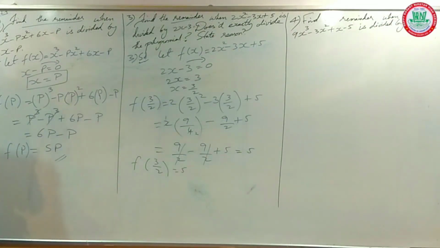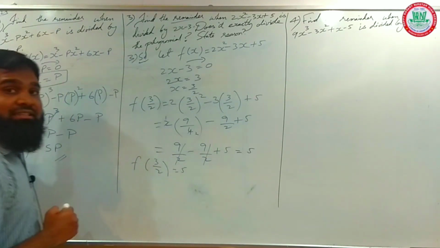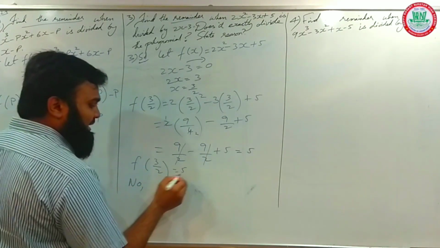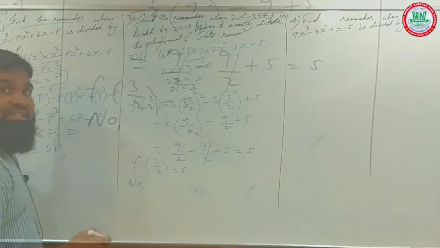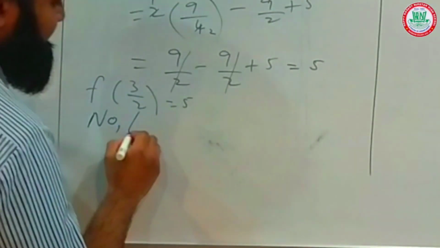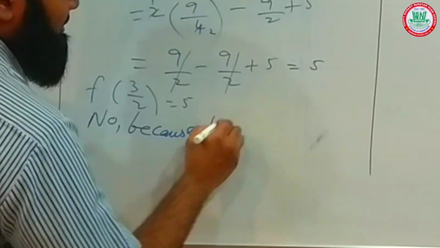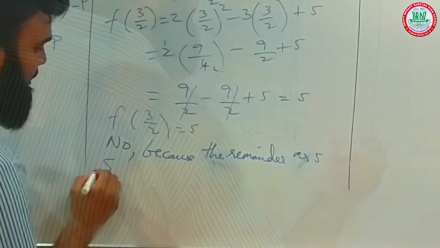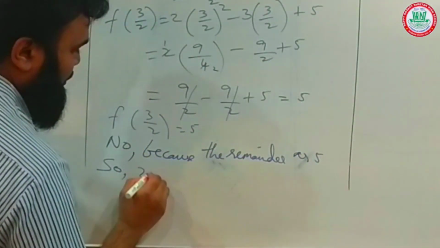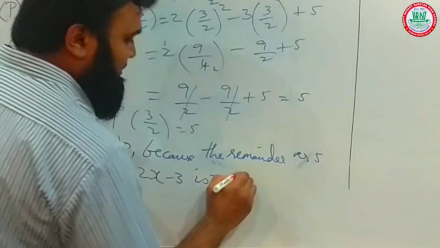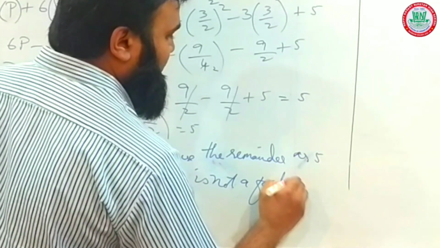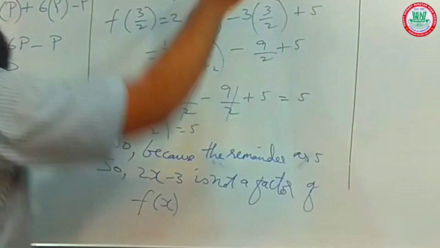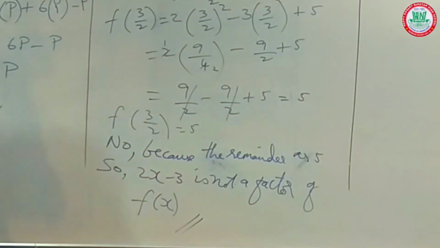Does it exactly divide the polynomial? No, it is not dividing because we are getting the answer as 5. State the reason: the remainder we are getting is 5, so 2x − 3 is not a factor of f(x), where f(x) is 2x² − 3x + 5.